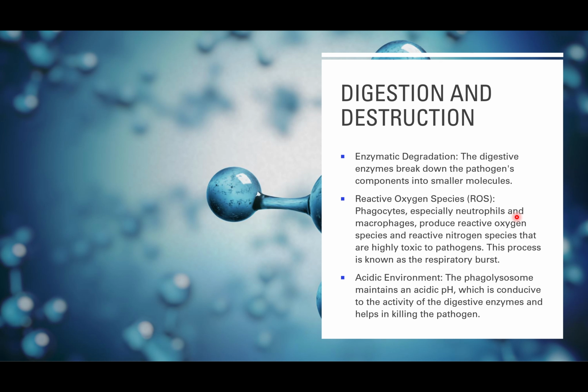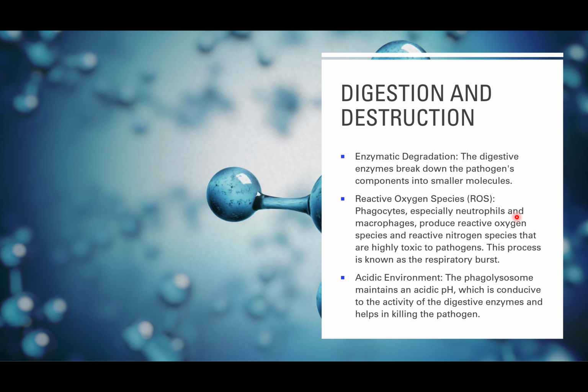All different types of species are going to be destroyed. The digestive enzymes break down the pathogenic components. They're basically using reactive oxygen species and those types of things to destroy the general proteins within the pathogens themselves, completely destroying them.